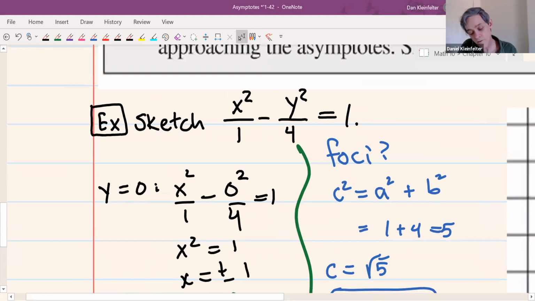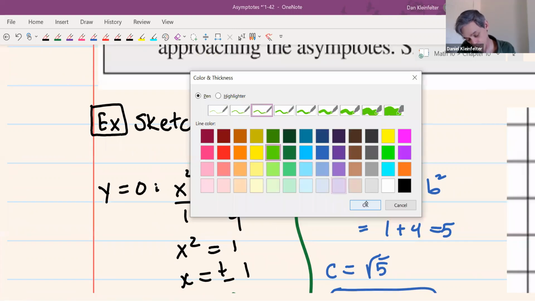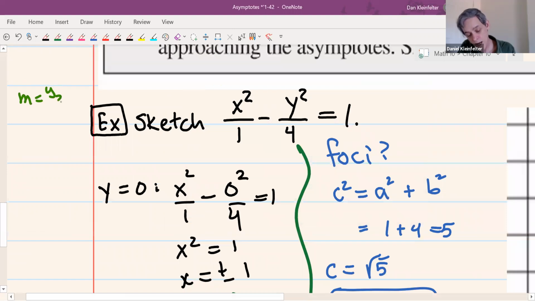The formula for slope that you learned in beginning algebra is m equals y2 minus y1 over x2 minus x1. That's the formula for slope, right? The change in y divided by the change in x.